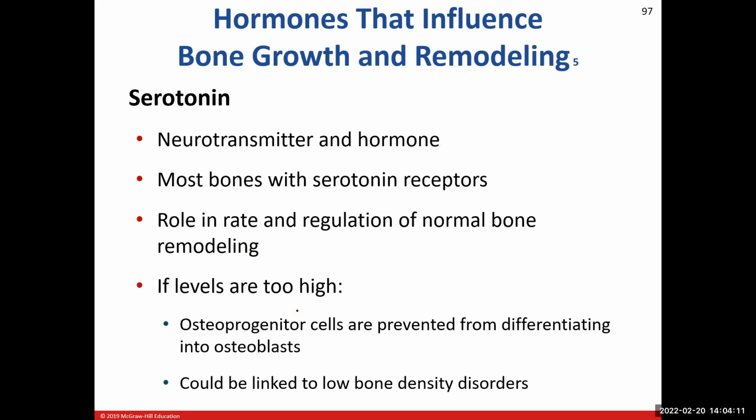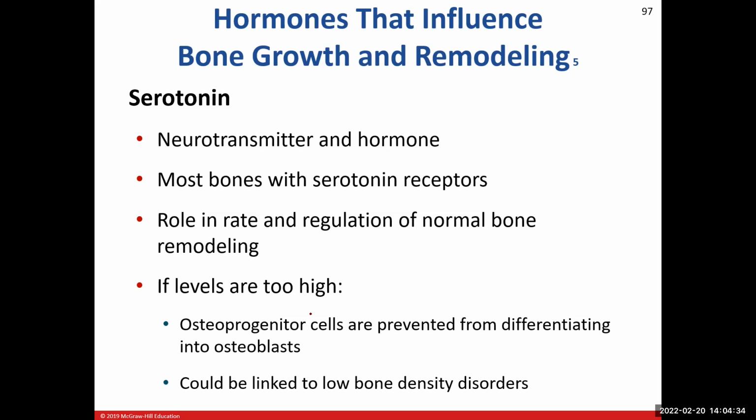Another hormone is serotonin. We'll talk about serotonin a little more when we get into chapter 12, but it's also known as a neurotransmitter. A neurotransmitter is how our neurons can communicate with other neurons or other target cells in the body.